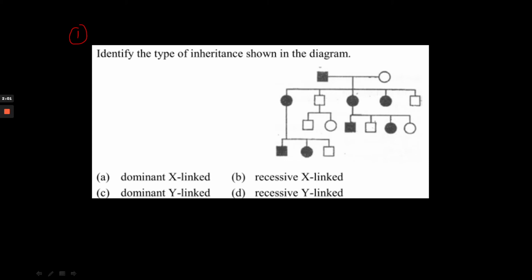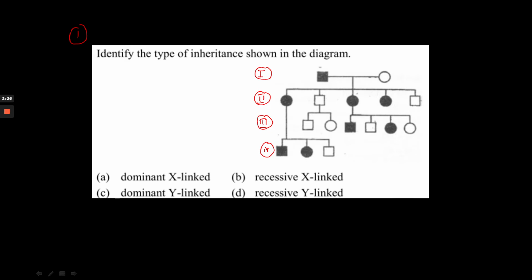So according to our steps, first we need to look for whether the pedigree is dominant or recessive. First of all, just mark the generations. This is the first generation, this is the second, this is the third one, and this one is the fourth one. Okay, so to know whether it is dominant or recessive, we need to see whether any generation is being skipped.